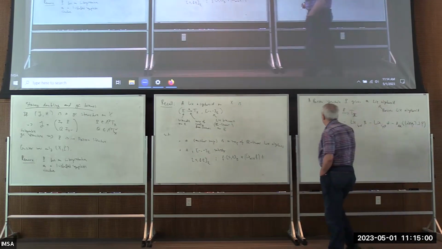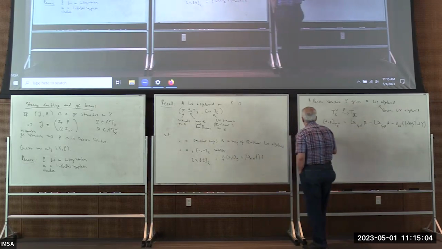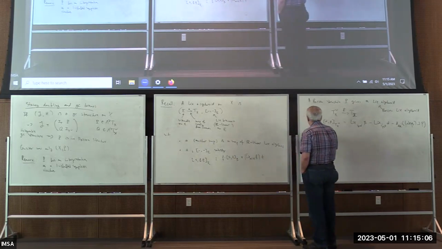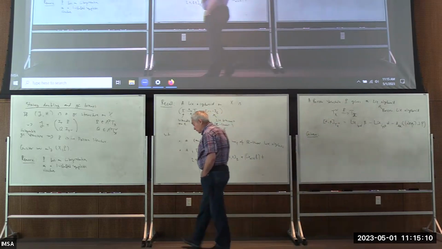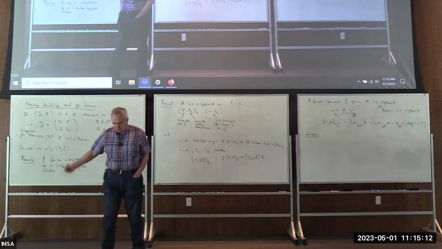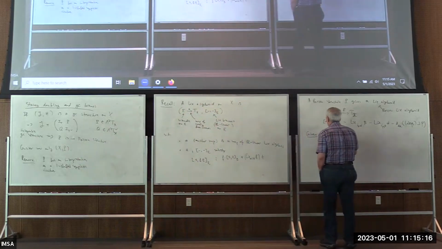And now the thing to do is you think about a Lie algebroid as a foliation, or sorry, as a generalized foliation of the manifold. Think about this foliation.